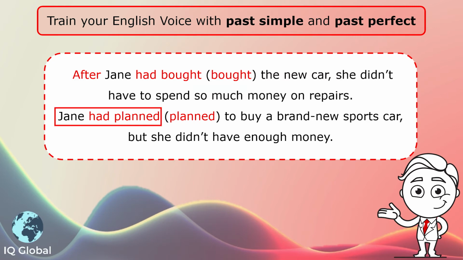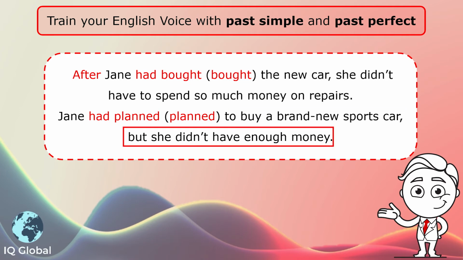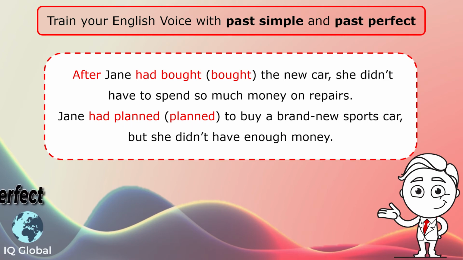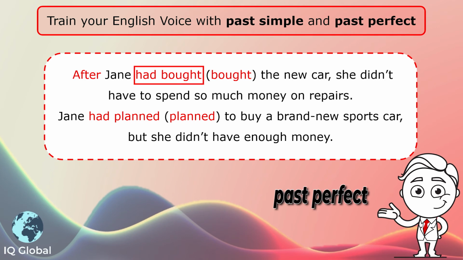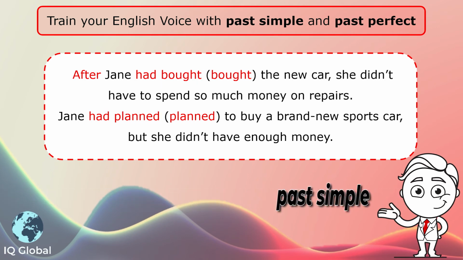Jane had planned, or Jane planned, to buy a brand new sports car, but she didn't have enough money. So when we're using these time expressions, we can use either the past perfect, had bought, had planned, or the past simple, bought, planned.